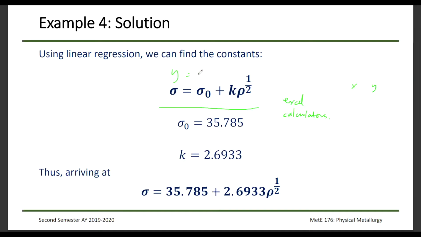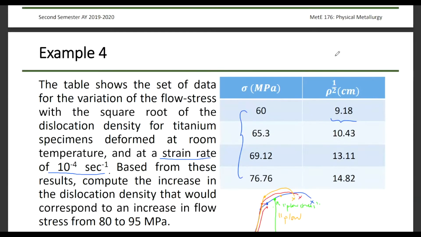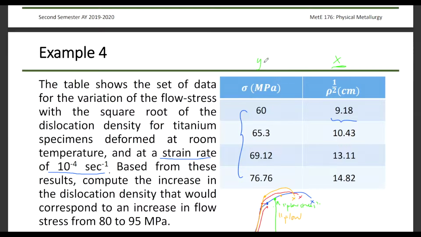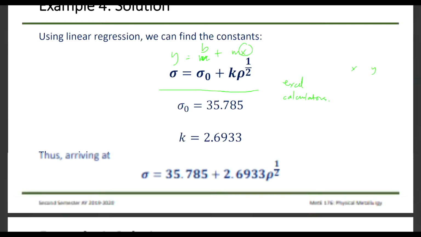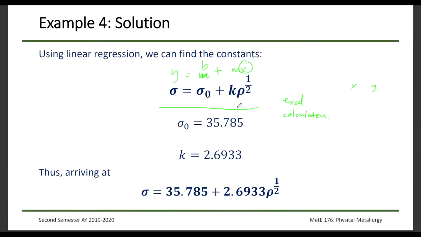This is a y equals mx plus b equation, no, where x is your square root, kumbaga ito yung x column natin, tapos ito yung y column natin. So if we have the x and y columns, pwede natin siyang makuha na 'tong b and m values, no. Okay?